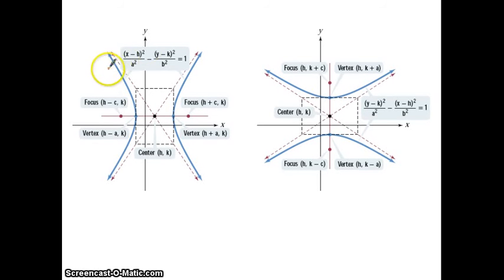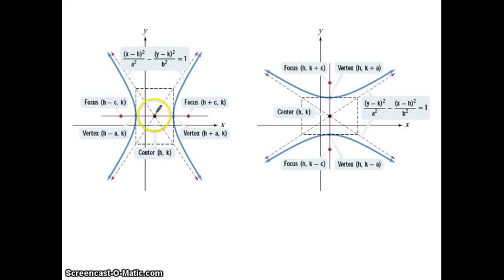Okay, so we're also going to be looking at hyperbolas with a center other than the origin. And that means that we're going to once again be dealing with a center of (h, k). The h value is associated with the x value, and the y value is associated with the k value.